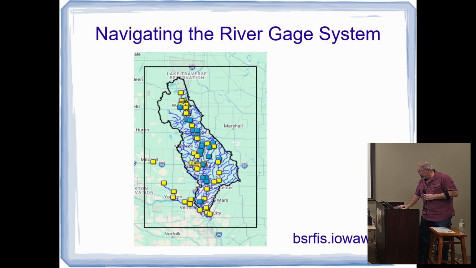These are all the monitoring points from north of Watertown all the way down to Sioux City. And as water levels change and flood information comes in, those will change colors from blue to red, yellow, green as the danger levels or just current conditions of those locations.